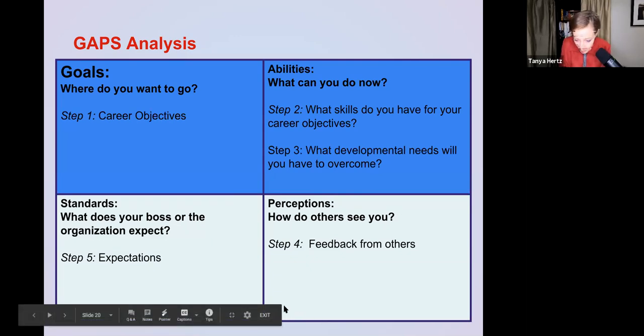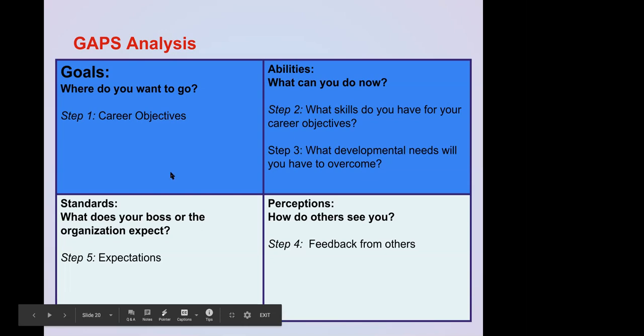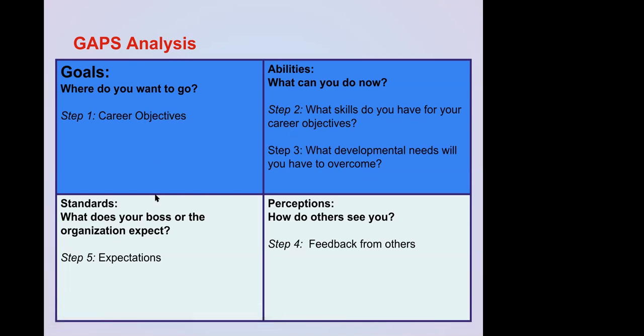It's a 4-part process. So GAPS, clockwise. G is goals, where you want to go. A is abilities. What can you do now? What are your current abilities? P is the perceptions. And that's why it's so important in a GAPS analysis to get feedback from others. And then S is the standard of performance, right?